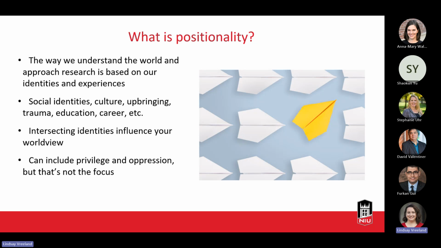All of those things are existing at the same time. And that tug and pull can be complicated. But there are spaces where we might be focusing or more aware of one part of our identity than others. And so this can include privilege and oppression, especially if we're talking about gender and sexuality and race and socioeconomic class. But that's not really the focus.